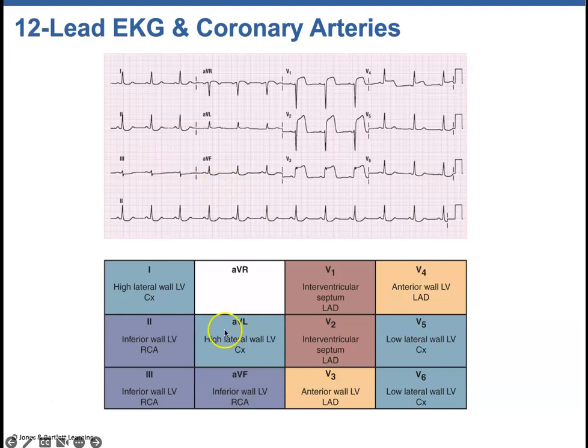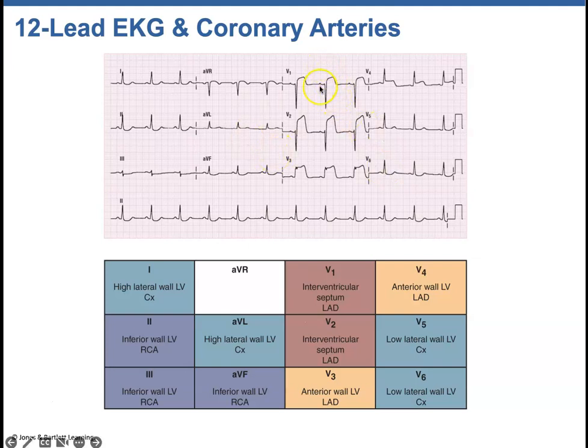So what this is telling you is that in 2, 3, AVF, something's going on, and in 1, AVL and V5, V6, something's going on, but they're not ST elevations. What they're showing you is what's called a reciprocal view, which means that the pattern you're seeing here is going to be kind of opposite of what you see in the leads that would be basically mirror images, right, on the top side or the underside.